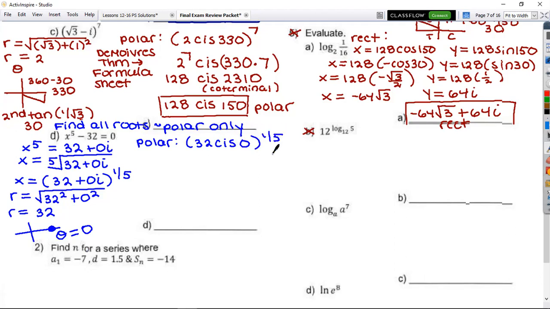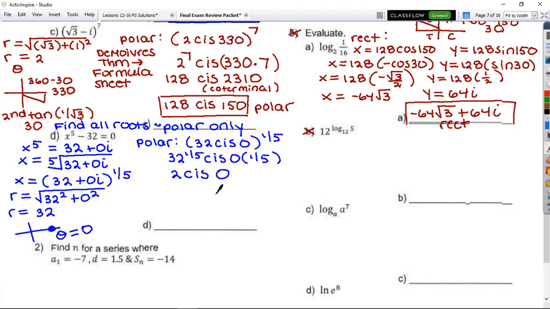Now you're going to take it and distribute it just like we did above. So I'm going to go 32 raised to the 1/5 cos plus i sine of 0 times 1/5. So in polar, I get 2, and then cos plus i sine of 0.